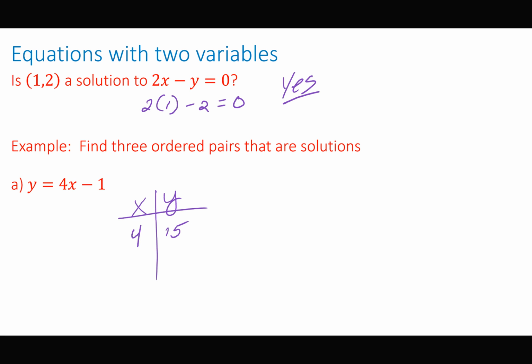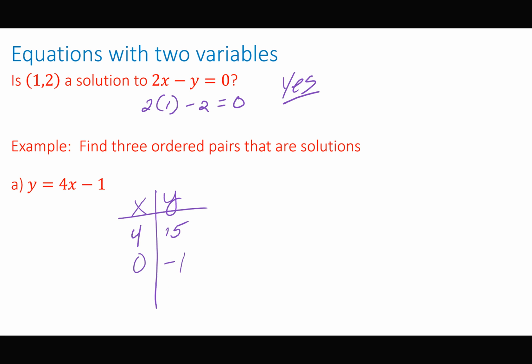Charlie. You can write it. Dayton, give me another number. 0. Dayton, what's 4 times 0 minus 1? Wait, no. There we go. See, there's a reason we do these.